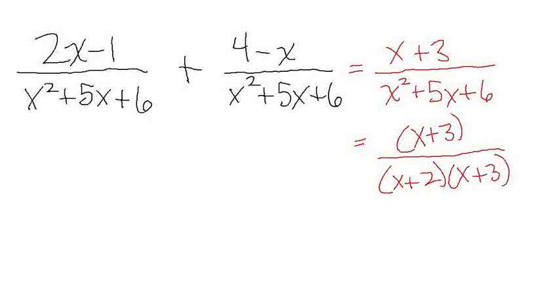So then I see that I have the same binomial on top and bottom, so I can discard those. And the final simplified answer is 1 over x plus 2. Let me try to do it in red. 1 over x plus 2.